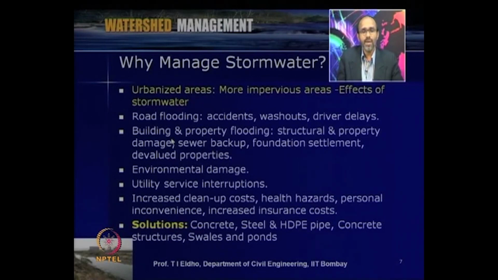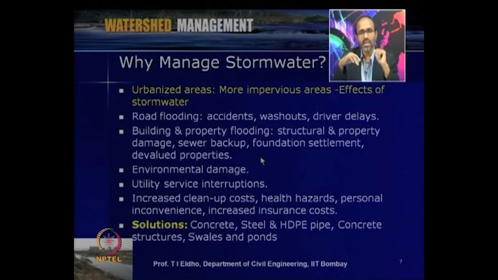As far as water quality is concerned, there will be major environmental damage. Many of the utilities will be affected. Utility services interruptions, like traffic interruptions, or the internet or telephone lines can be cut, or related interruptions can take place. Then there are increased cleanup costs.